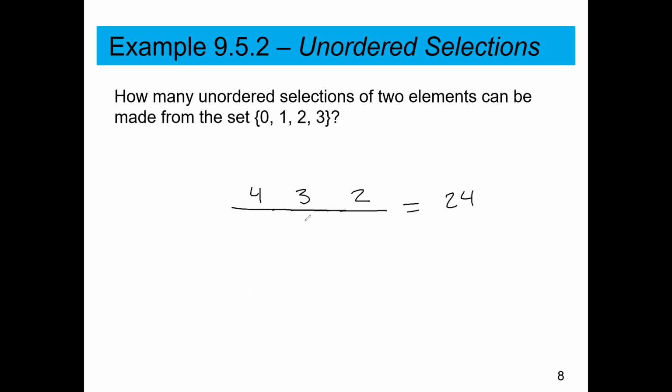But I have 3 things underneath it. So I have to do 3 factorial to undo the ordering of that. This 3 factorial is to divide by, to take away the ordering. And so this would be this over 3 factorial, which a reminder is equal to 6. So that's 24 divided by 6, which is 4.